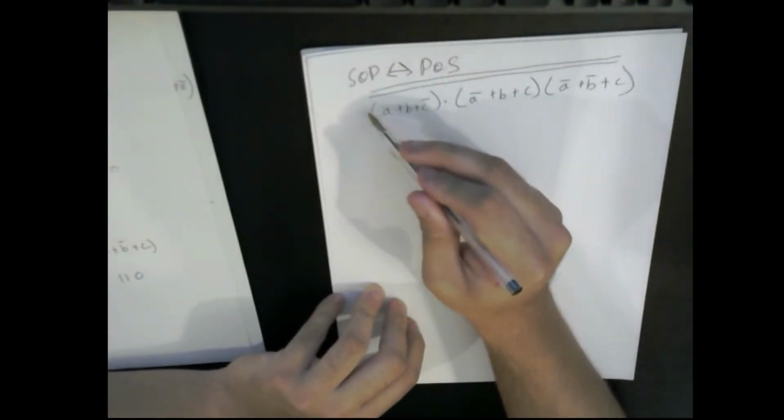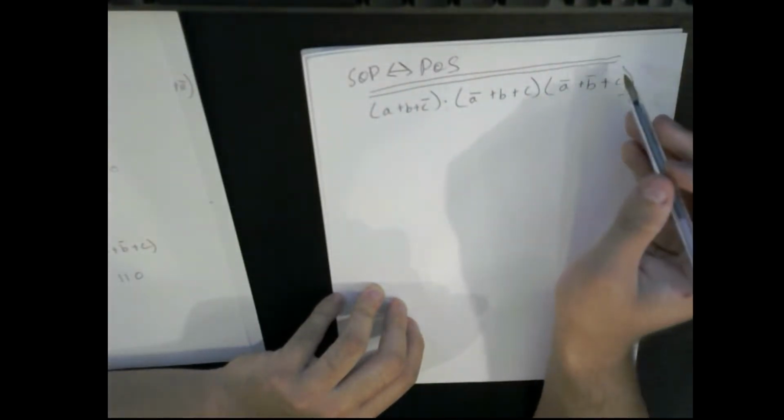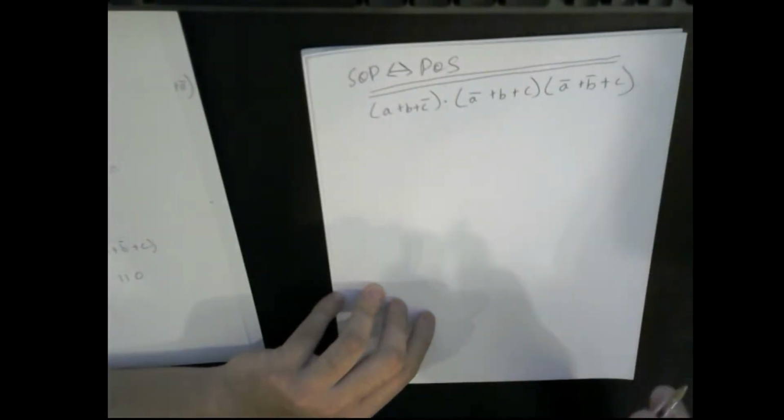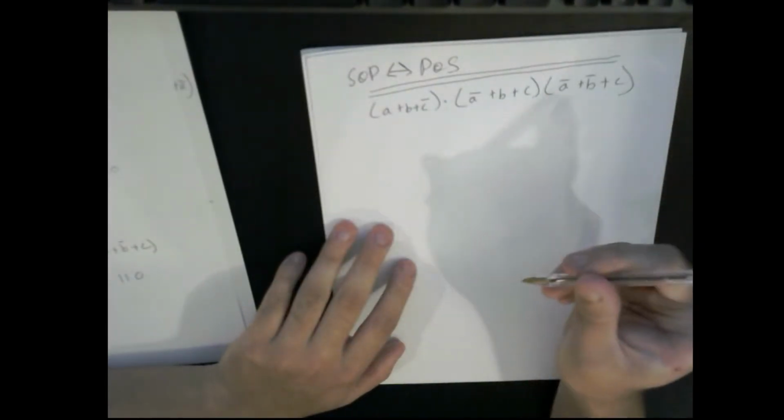So I'm going to break one of these big lines and distribute the line onto each of these terms. I'm going to break the line and change the sign, essentially.